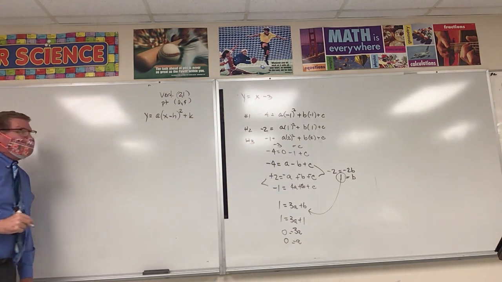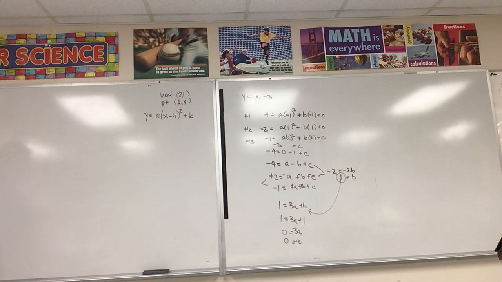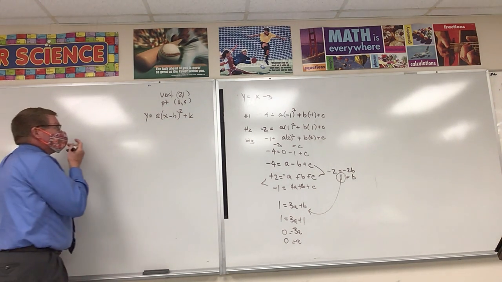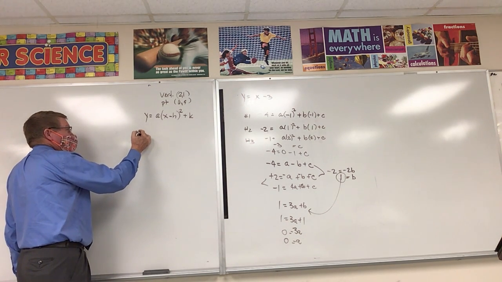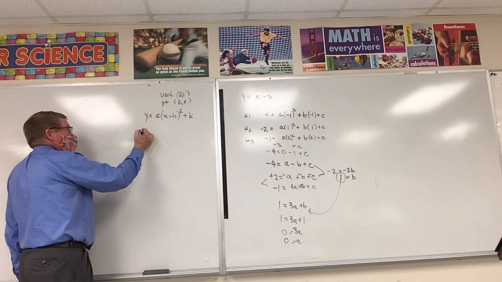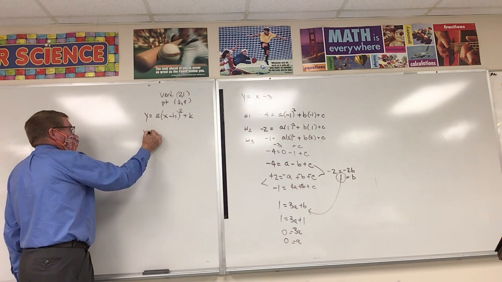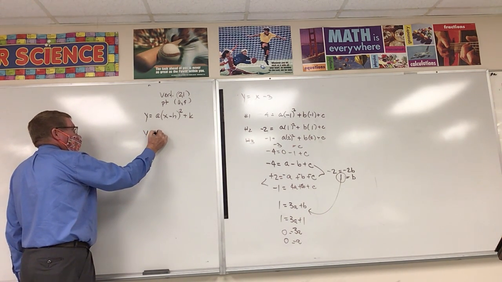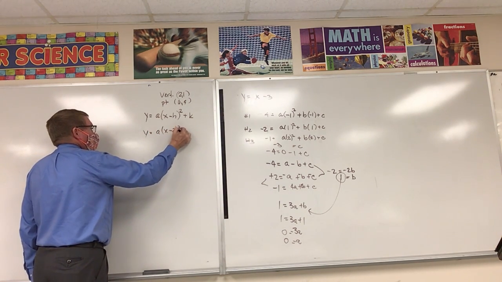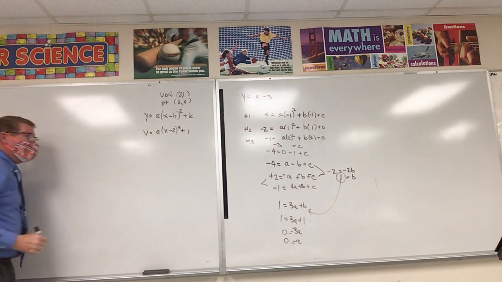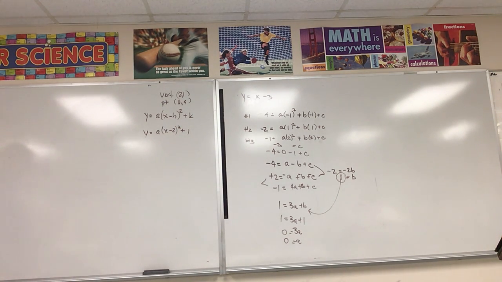Alright, so how am I going to use this information? Kat? You put it into the equation, right? Okay, go ahead. Fill it in for me. Y equals a(x minus 2) squared plus 1. Alright, can we put any more information in? Yeah. Kat?